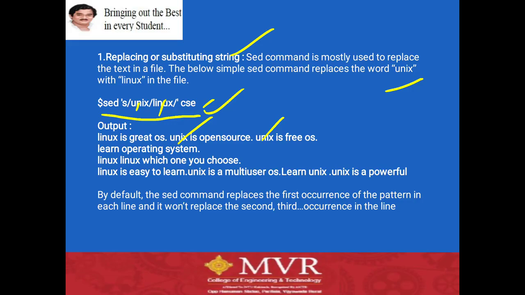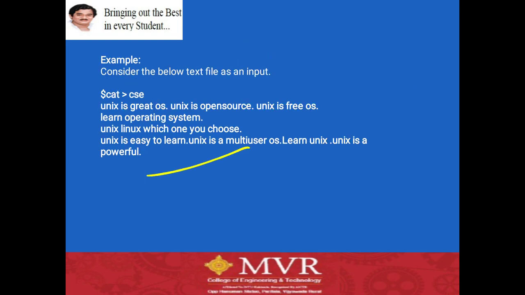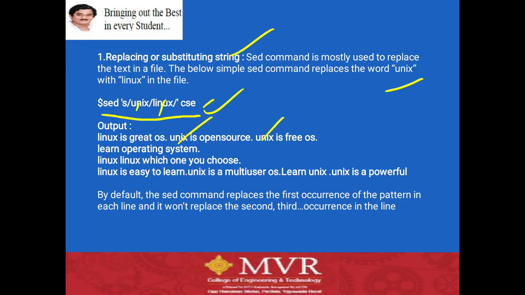This is the default option, so whenever you use SED with the default option, only the first occurrence of the string will be replaced. The second occurrence, third occurrence, and so on, nth occurrence will not be replaced. Only the first occurrence in every line will be replaced by the given substitution, right? In the first line we have Unix three times, but because we are using the default option, only the first Unix will be substituted by Linux.